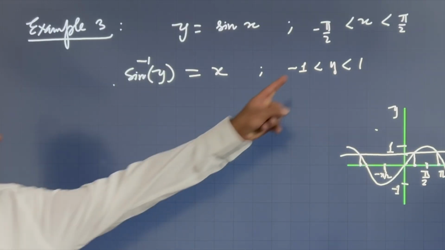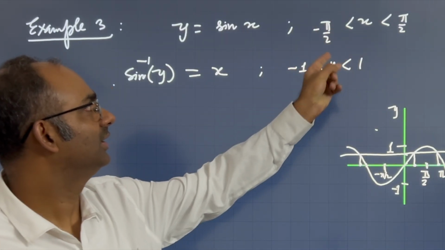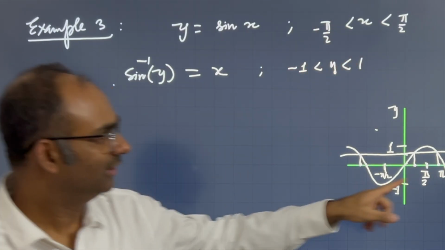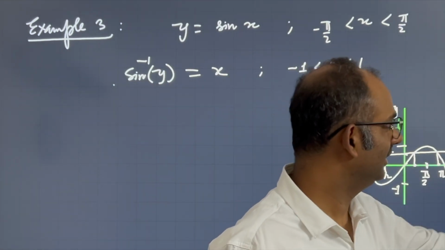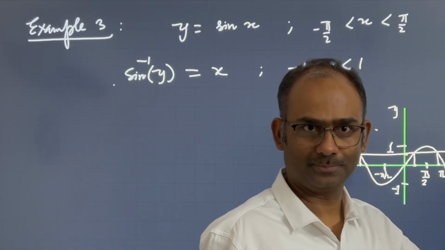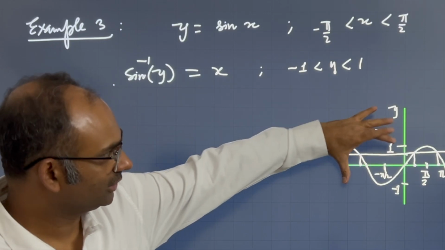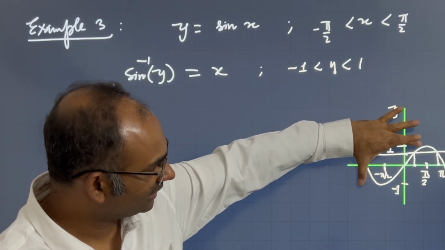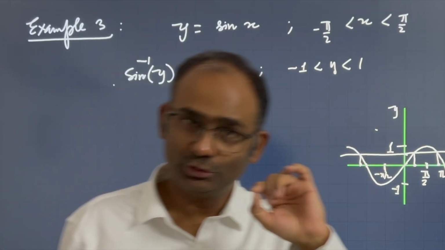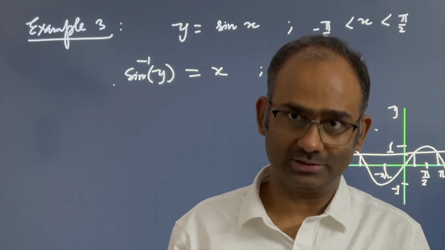Okay? But unless you make this choice, this is not enough, because even if it was doing like this, right? it is always between minus 1 and 1. So when you make such a choice here, when you restrict the values of x, you are choosing what is called a branch.